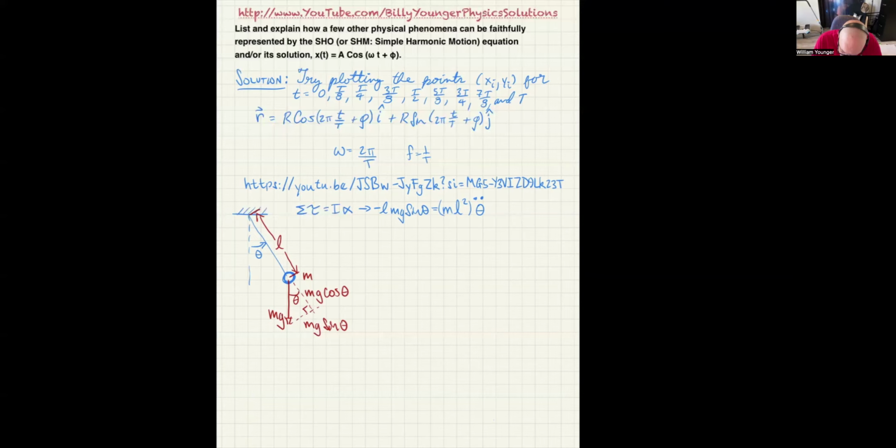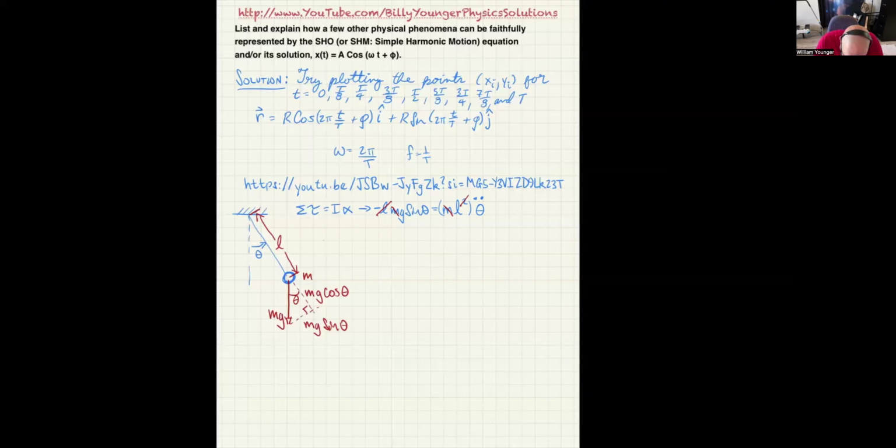I can see already that I can divide through by L, and that'll get rid of the L on the left and the exponent on the right. I can also divide through by m, and that will get rid of the m. But when I try to write the equation like the simple harmonic oscillator equation, by putting everything on one side and zero on the other, there's a little problem.